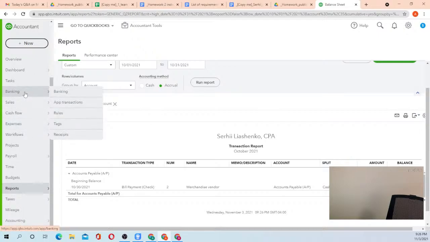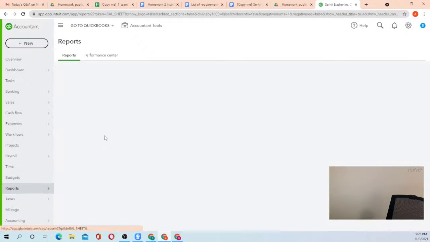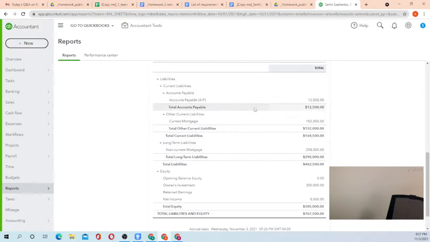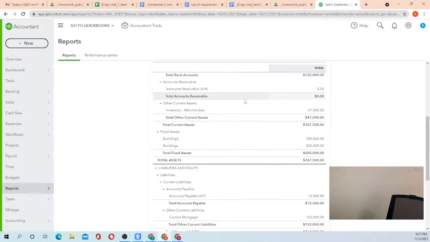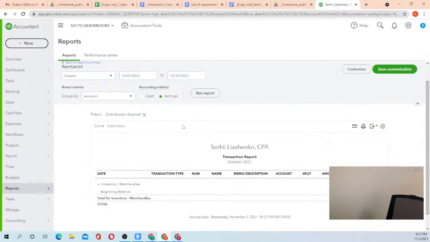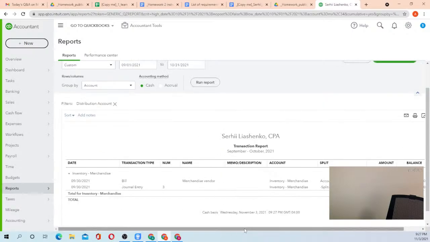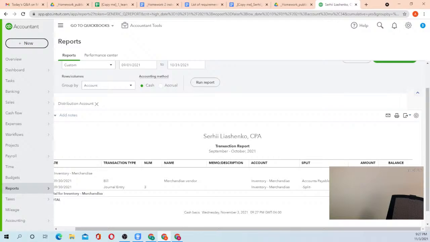Okay, so let's go back to inventory. Reports. Inventory. Here in assets. So the amount based on the accrual method doesn't change. But what if we pick up cash? It's still 30,000.